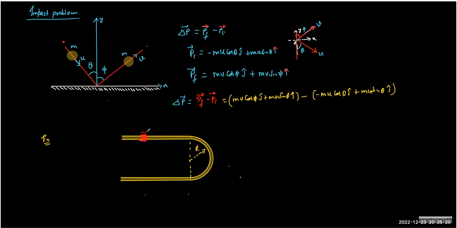And this collar is thrown with the speed v. Once you throw the collar with speed v, it's a smooth track. It will go straight, and then it will negotiate the turn with the help of the circular track. So the circular track will make it move, right?